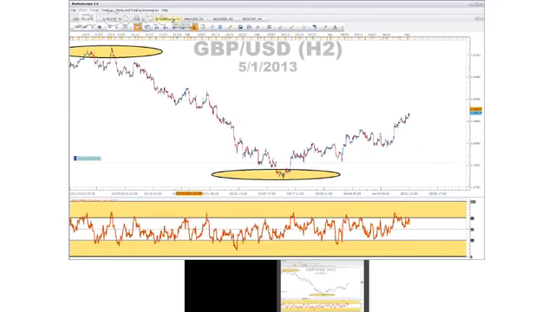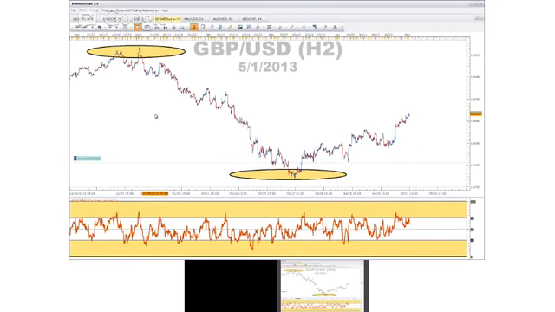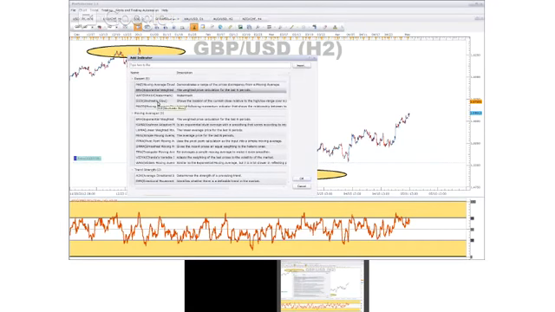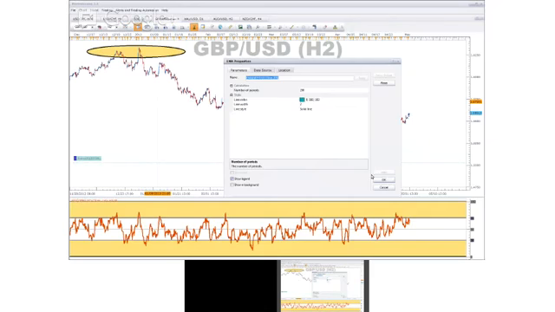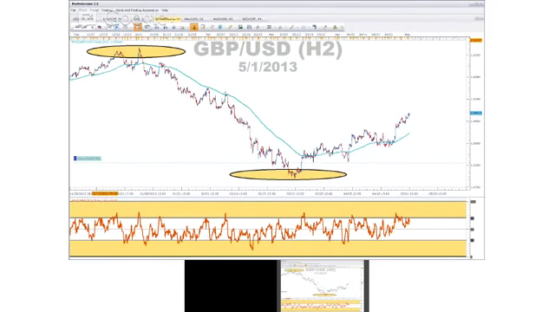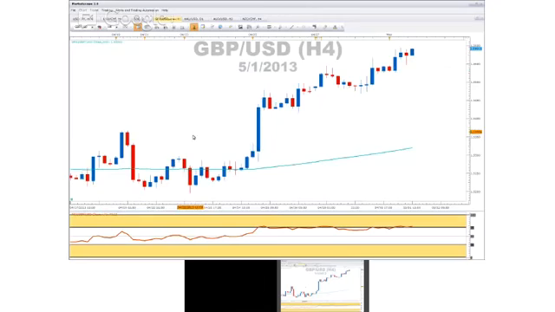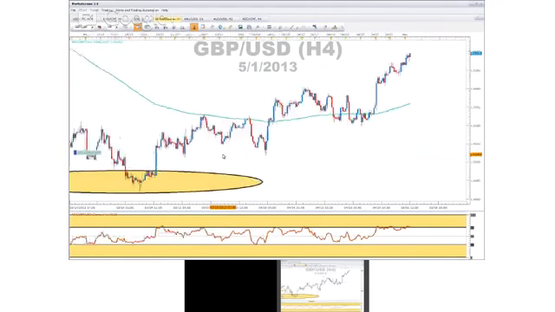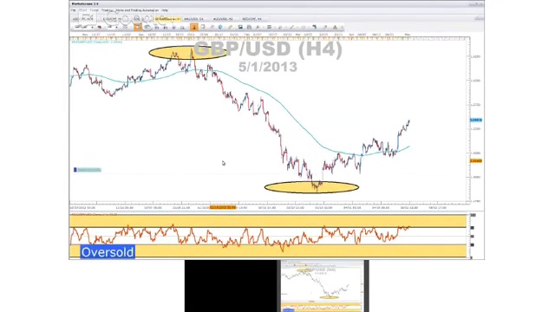Let me pull up here. Okay, this is kind of the reverse of it, but if we throw up a 200 period moving average, I already have that. Essentially what we'd be doing is when price is below the 200 period moving average, we're only taking overbought signals.